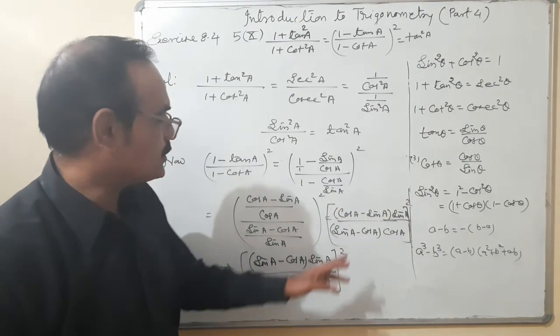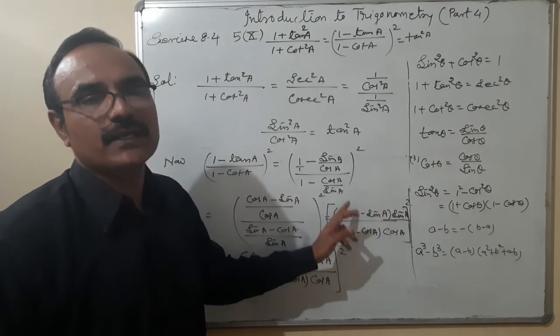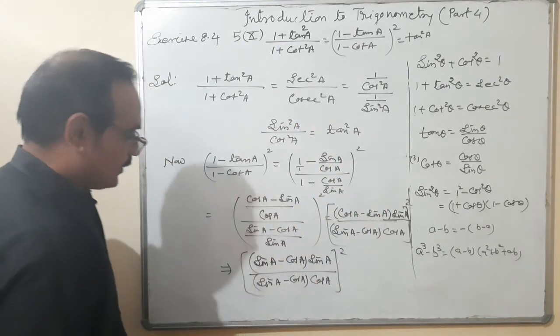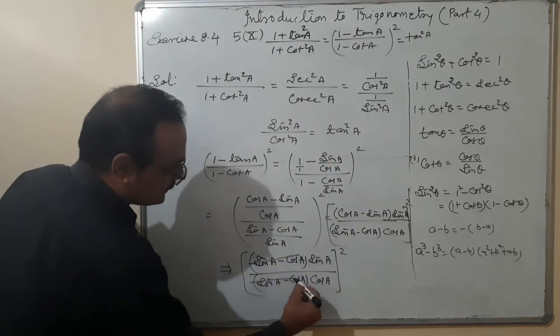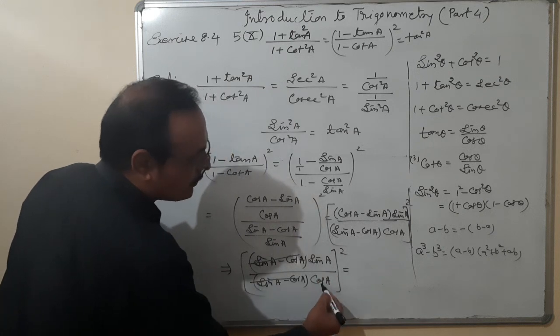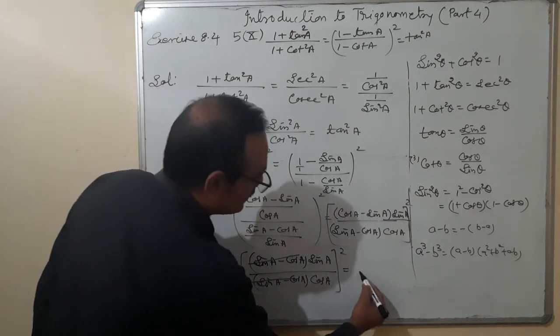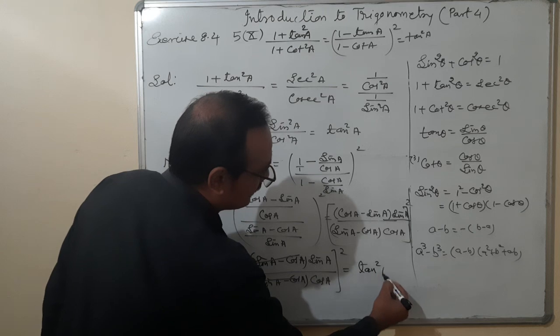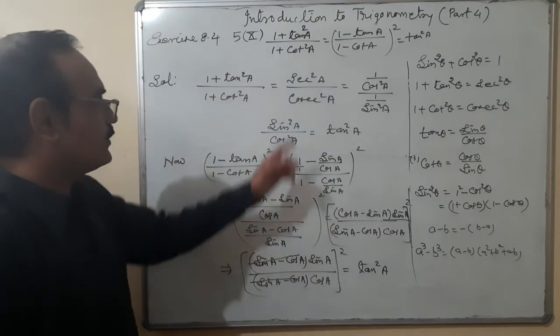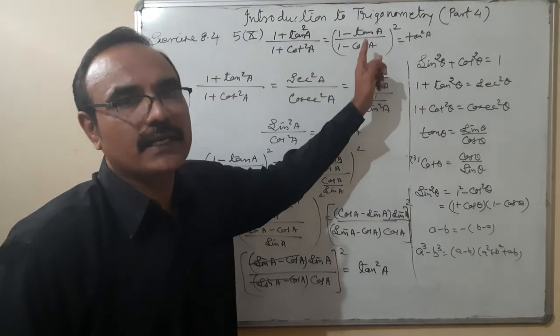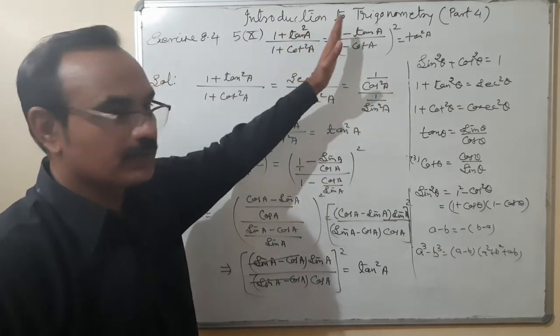So there is no change if I write cos A minus sine A or sine A minus cos A in whole square. Sine A minus cos A cancel. Sine A upon cos A, that is tan A whole square. So it is tan square A. Okay. Now I see that the first term is equal to the last term and the second term is equal to the last term. That means they are also equal.